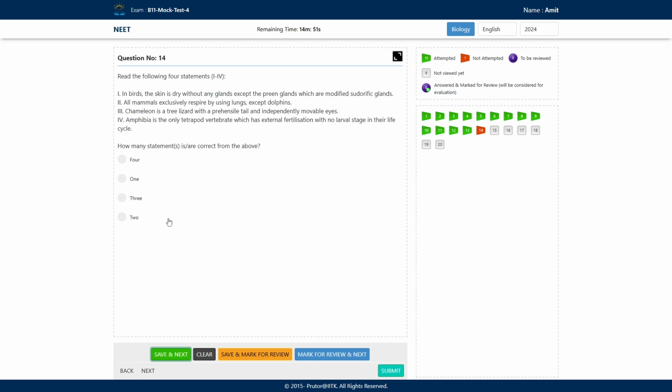Fourth, amphibia is the only tetrapod vertebrate which has external fertilization with no larval stage in their life cycle. So, how many statements are correct from the above?